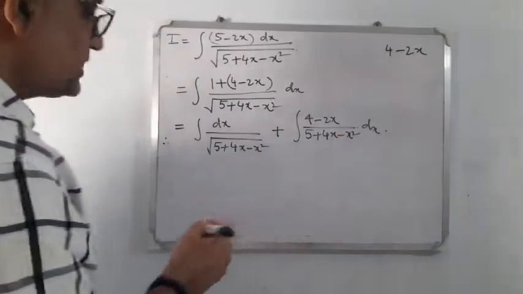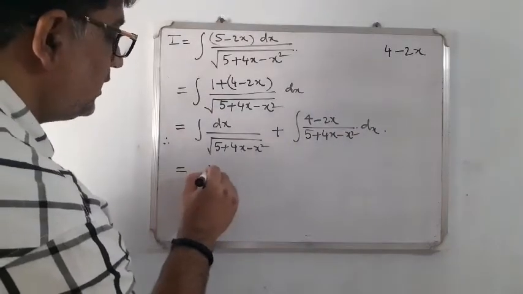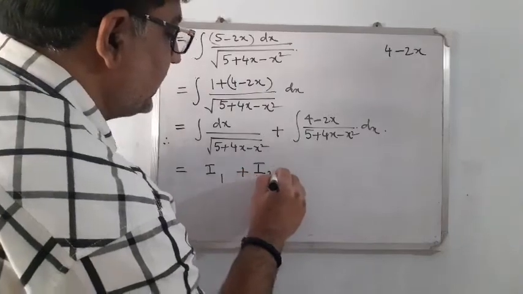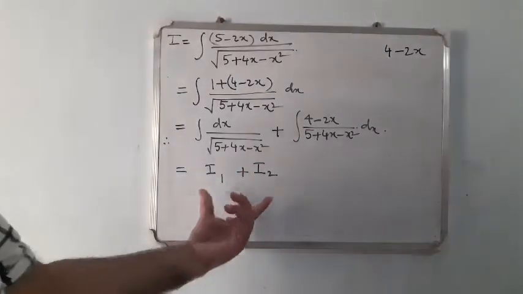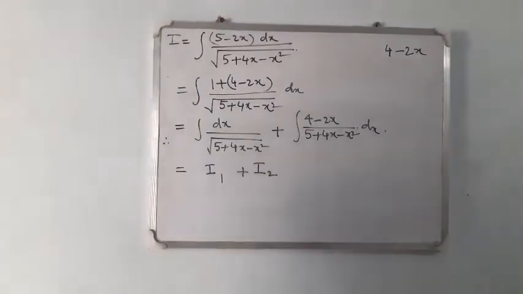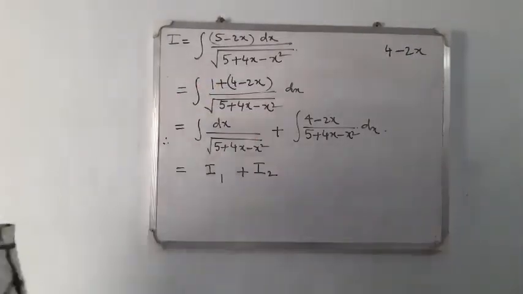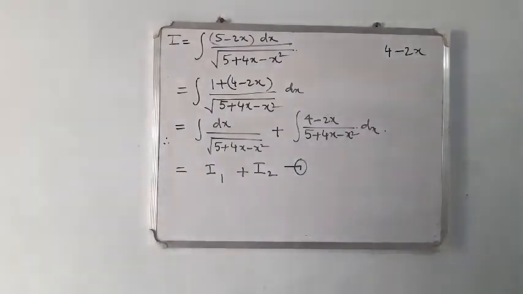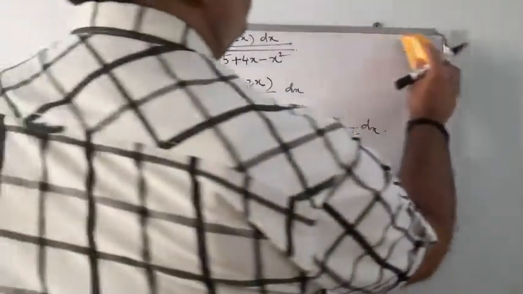Now we take this function as I1, and this one should be taken as I2. We will try to integrate I1 and I2 separately and put down the value here. This is number 1. Now you see boys, we have taken I1.